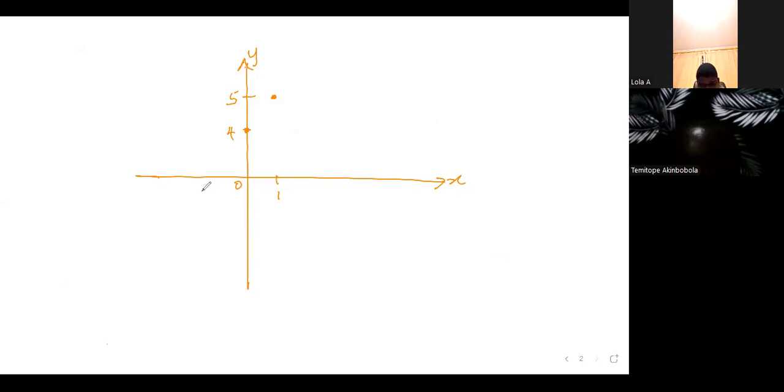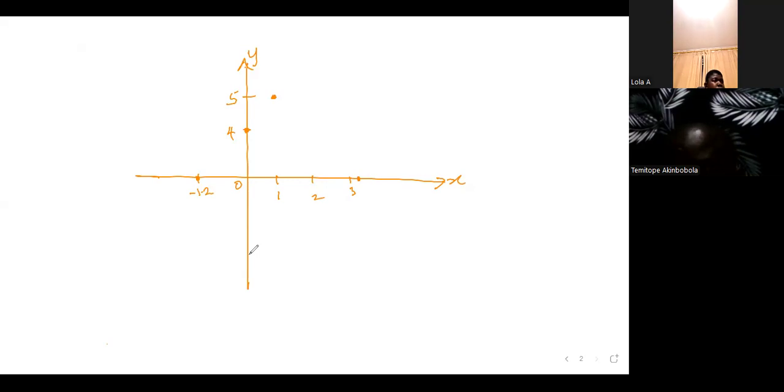Now we have the x-intercept. That's -1.2. (-1.2, 0) will be here. Then the second point, 3.2. Let's say this is 2, this is 3, so 3.2 will be somewhere here.